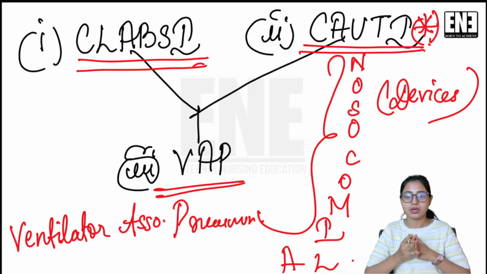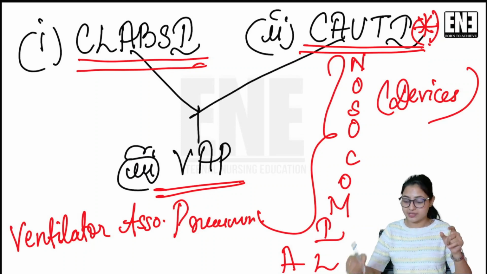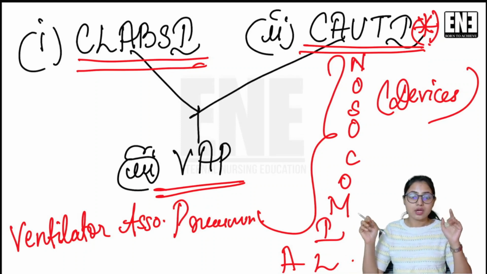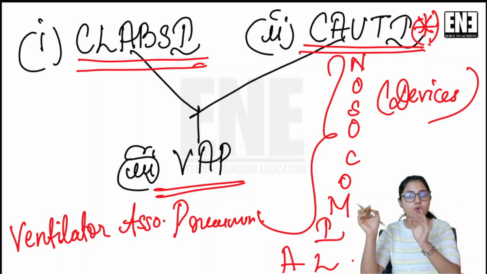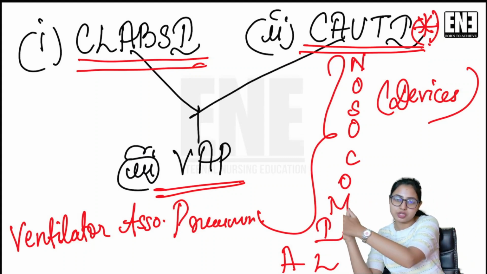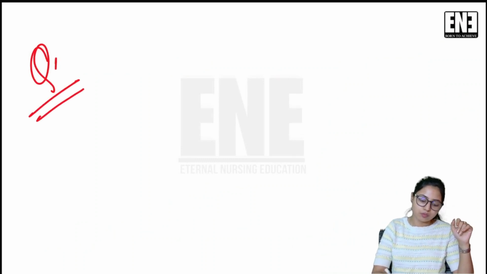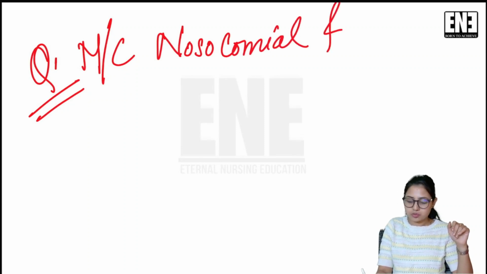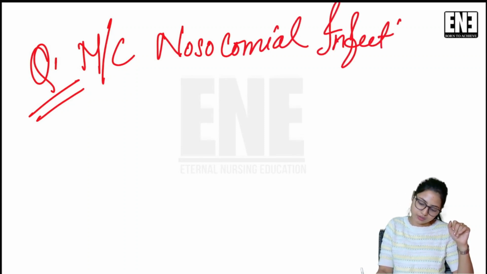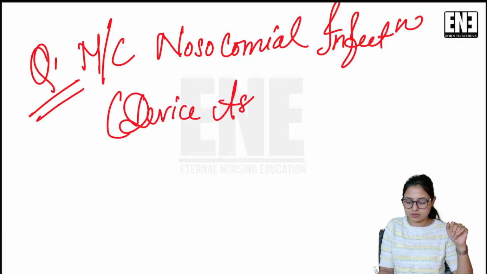It is quite common. But now the question arises, which I mentioned to you earlier: among these three, which is the most common device associated nosocomial infection? If the question is asked, what will be your answer?